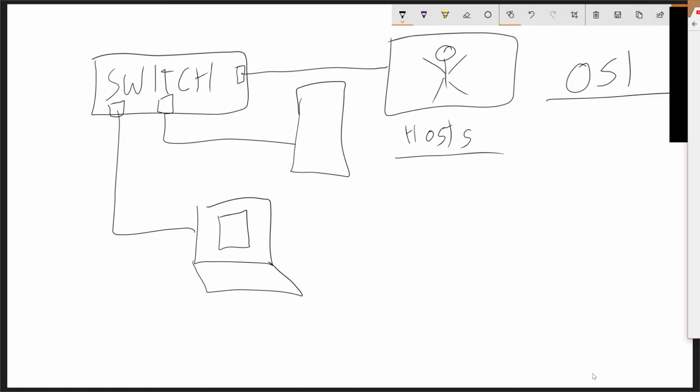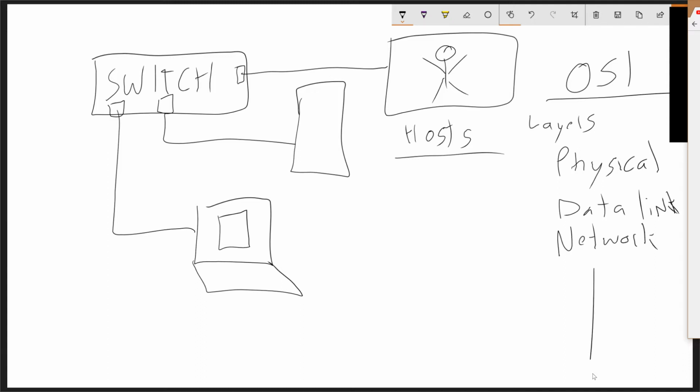And what the OSI model defines, at least on the lower levels of it, layers as they're called, you have a physical layer, you have what's called the data link layer, and you have what is called the network layer. You have 4 more layers on top of this, so there's 4 through 7, because these are 1, 2, and 3.